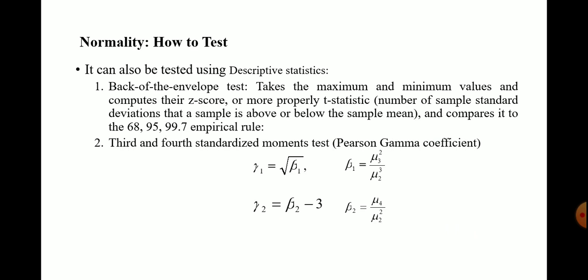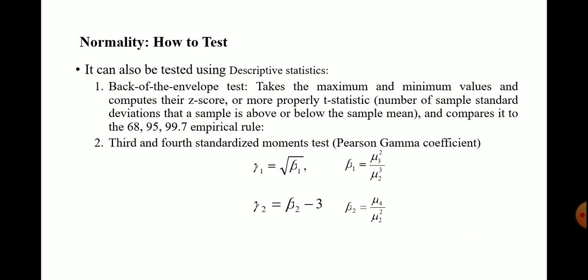With that knowledge in mind, gamma 1 is equal to root beta 1, where beta 1 is equal to the third moment squared divided by the second moment cubed. Then gamma 2 is basically the kurtosis.